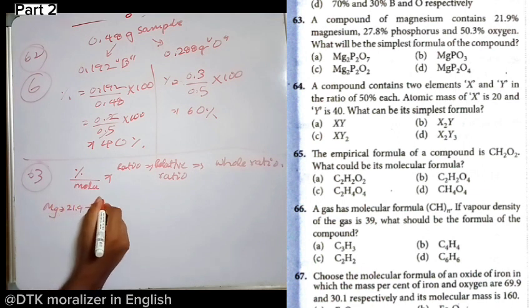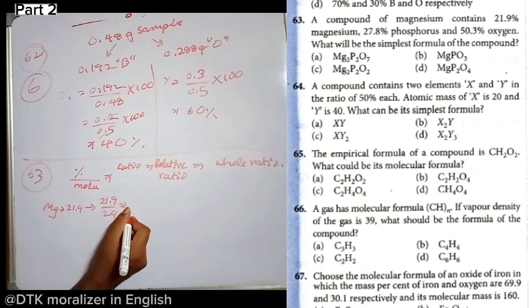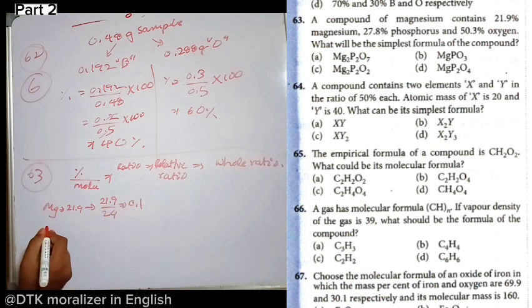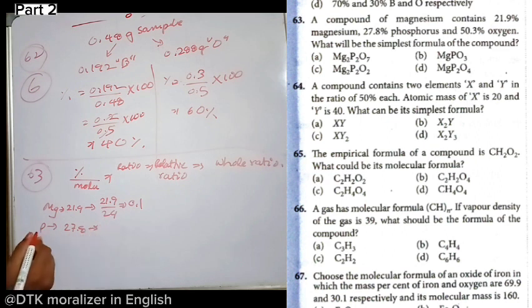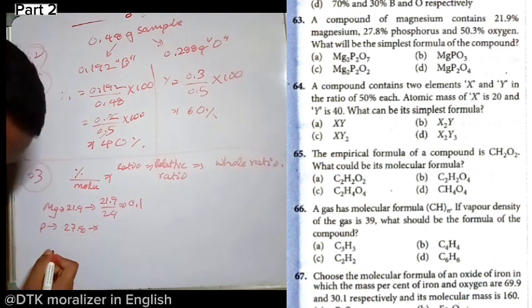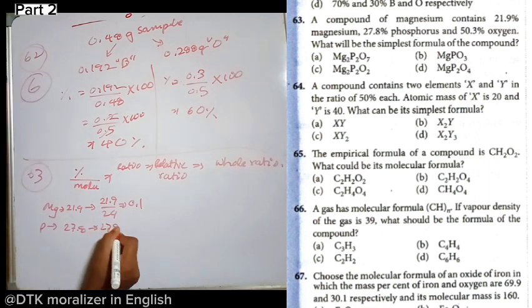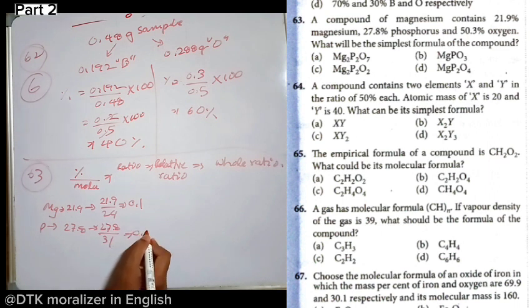Now for magnesium, 21.9 by magnesium 24 comes as 0.9. Now phosphorus, we are taking approximate values. So here 0.9.